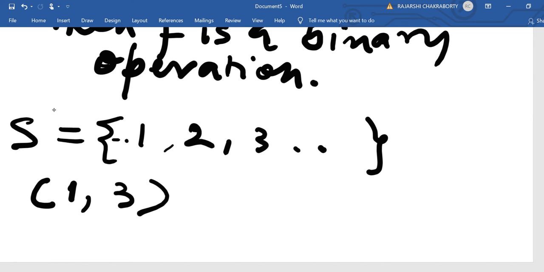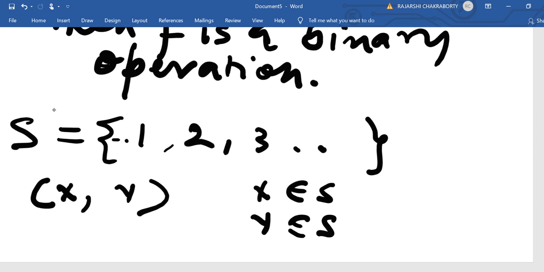Or on a more generic term, we have the ordered pair x, y, where x belongs to S, so S is a natural number, and y also belongs to S.